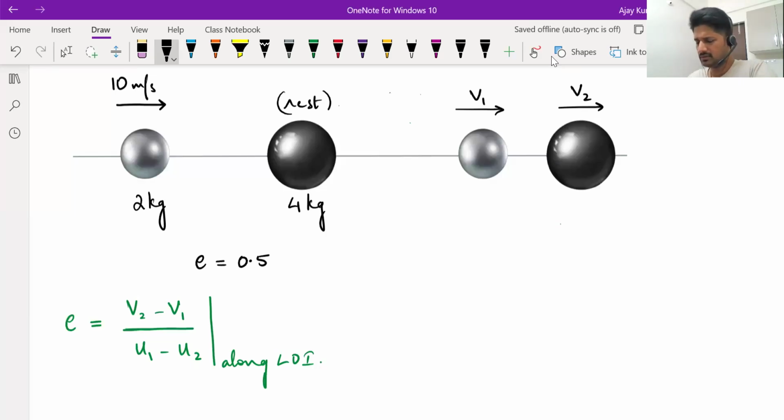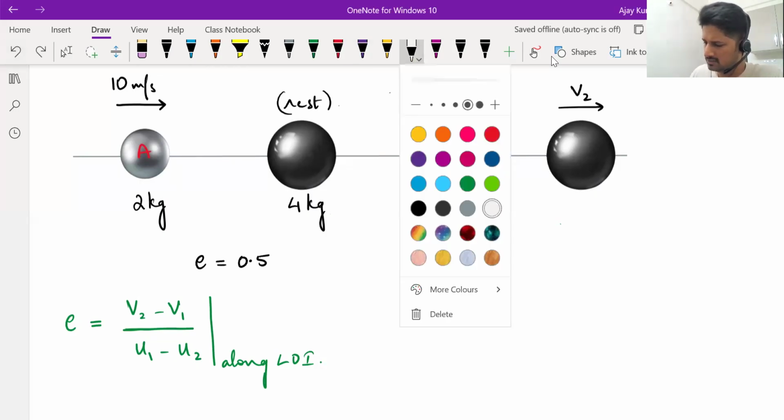Why will you subtract 10 and V2? Because after collision there should be some speed lost, right? So the new speed will be lesser than 10. See, whose speed was 10? Let's name these spheres A and B. Which one's speed was 10? A's speed is 10. B's speed is initially 0.